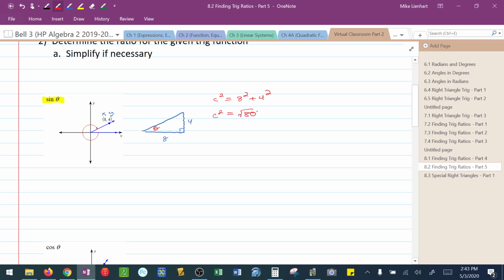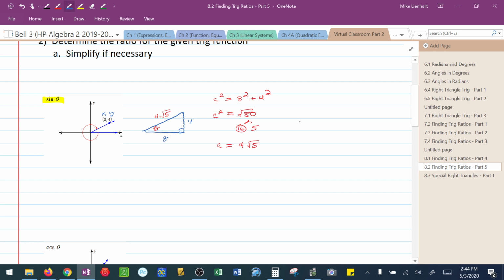Now, I can either choose to simplify this now, or I can choose to just leave it as the square root of 80. Personally, I always like to simplify it. So let's see here. I know that 80 is really 16 times 5, and 16 is perfect. So then I know that c would be 4 square root of 5. So I'm going to put this side here as 4 square root of 5.